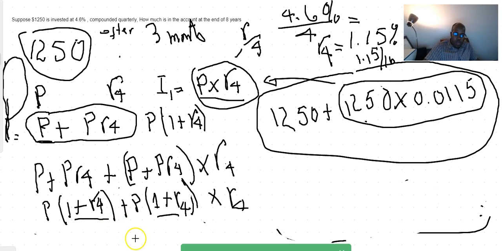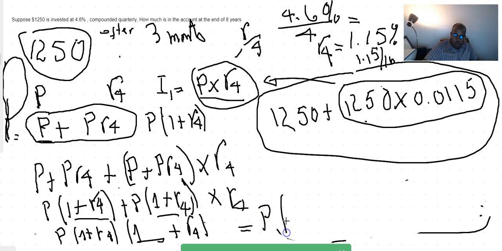I can say P times 1 R4, right? Times 1, which is this one, and then R. There it is. And then this gives me P times 1 plus R4 to the power of 2. There it is.